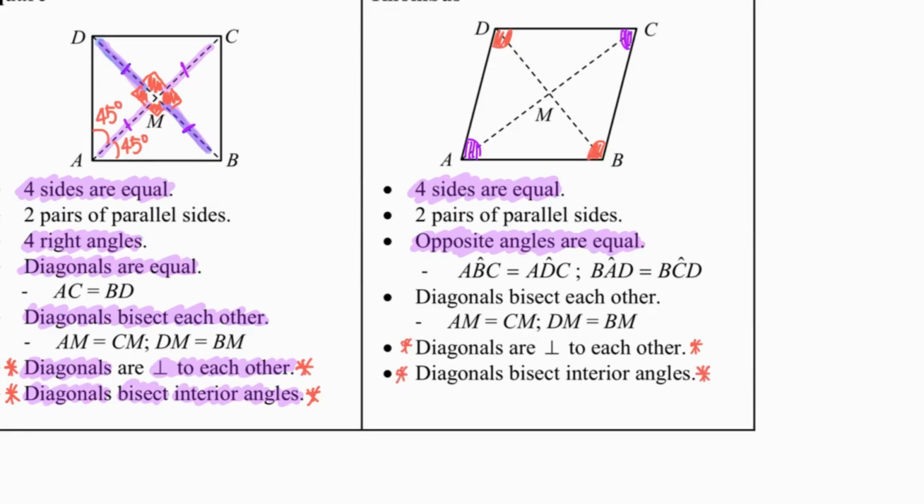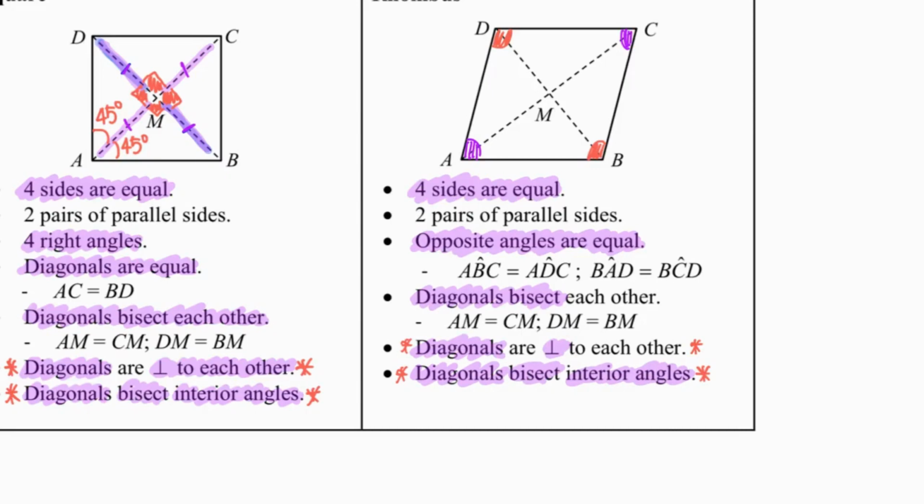Okay, so the diagonals bisect each other again. And the diagonals are perpendicular to each other, and the diagonals bisect the interior angles. But just that now, the interior angles are no longer 45 degrees.